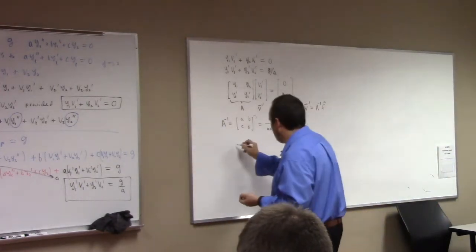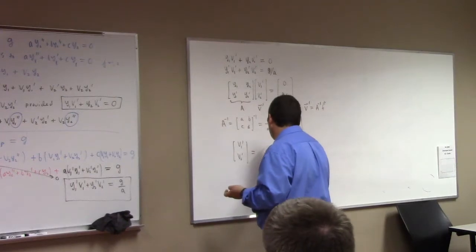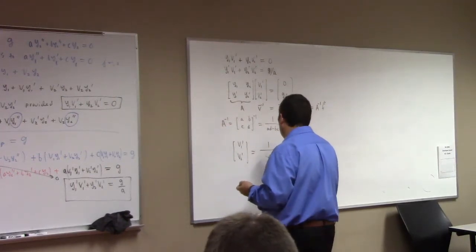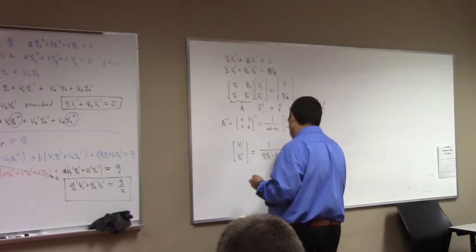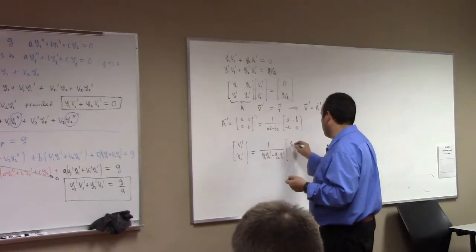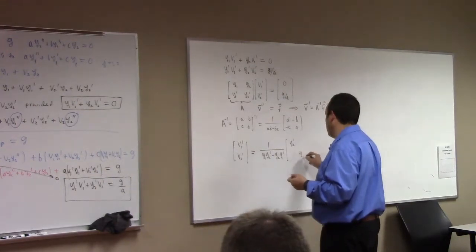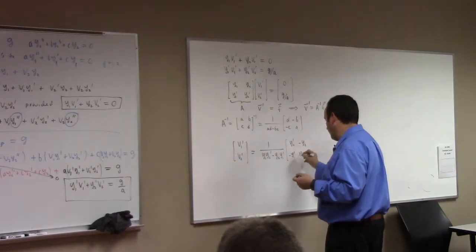So what I'm trying to say is that V1 prime, V2 prime should be equal to 1 over AD minus BC, which is Y1 Y2 prime minus Y2 Y1 prime. And then I flip the diagonals, Y2 prime, Y1, put minuses on the off diagonal, minus Y2, minus Y1 prime.